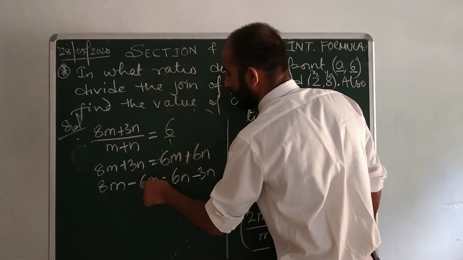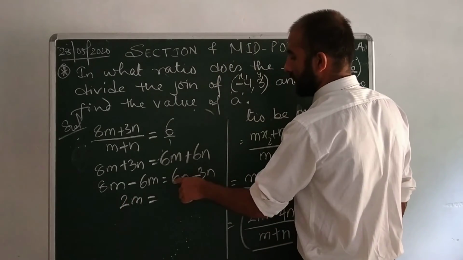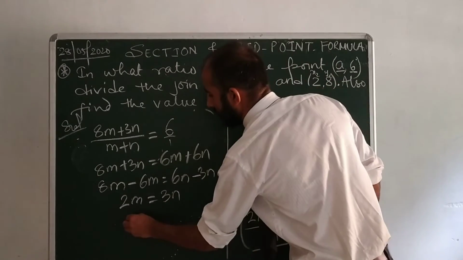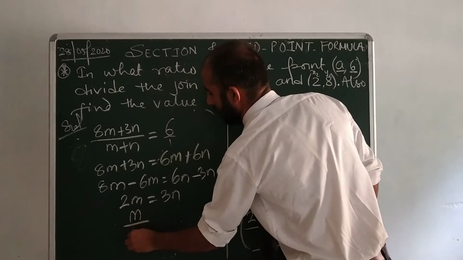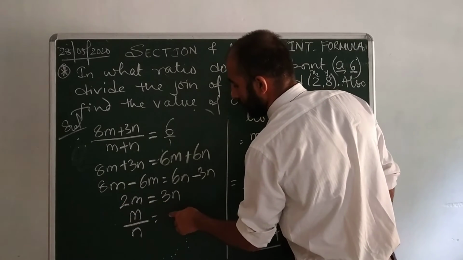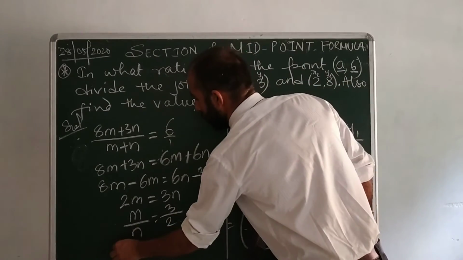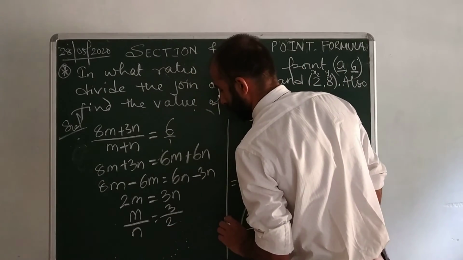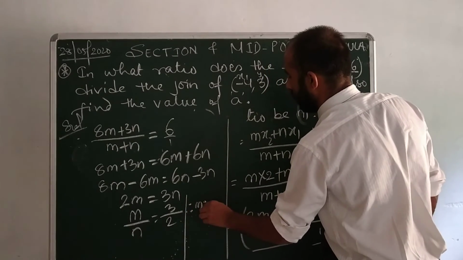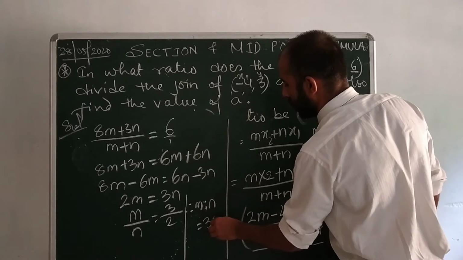So 8m minus 6m, that is 2m, equals 6n minus 3n, that is 3n. Then m by n, I'm taking this 2 down here, that is 3 by 2. Therefore, m is to n, we got 3 is to 2.